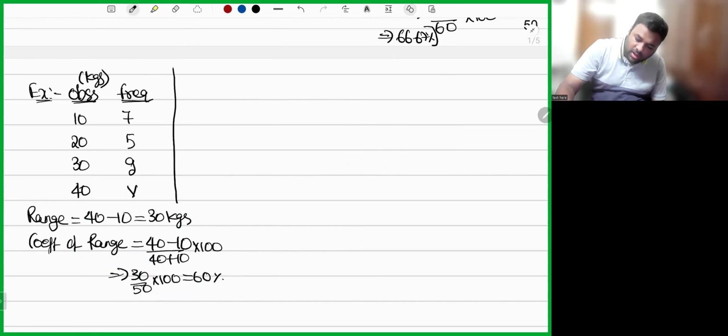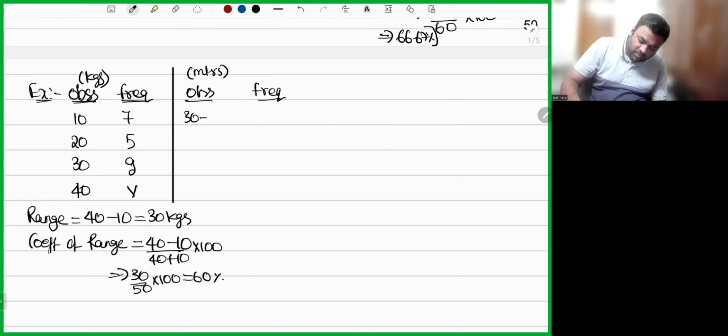Now, let us do continuous data. Observations are in meters, with frequency. 30 to 40, 40 to 50, 50 to 60, 60 to 70. Frequencies G, V, K, 70.